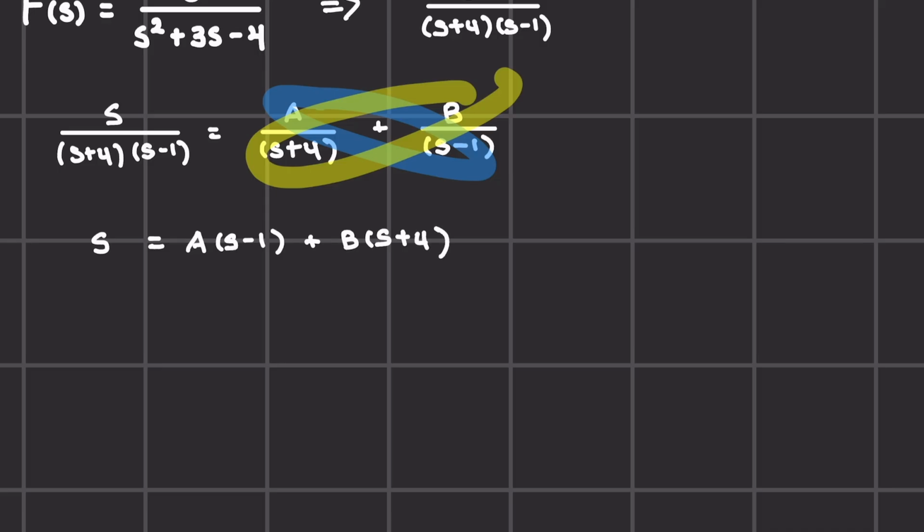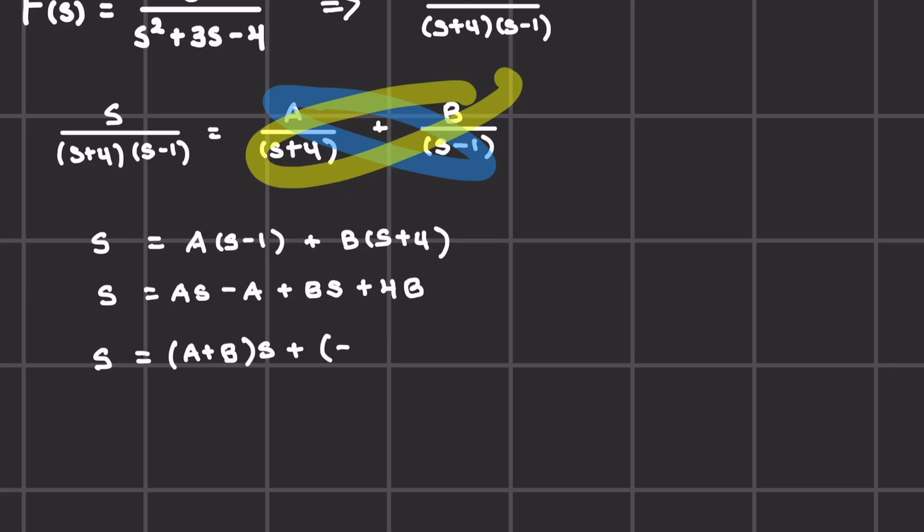Let's expand this out. So we have s equals As minus A plus Bs plus 4B. Now let's group the A and B that have an s, and also the A and B that don't have an s, or are just constants. So we have (A plus B) times s plus (minus A plus 4B).